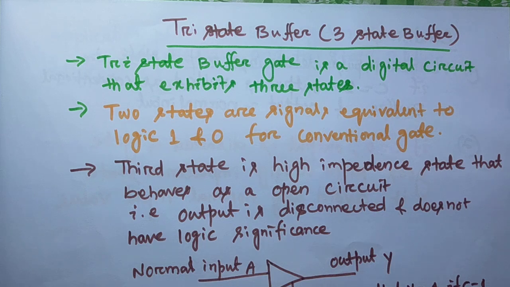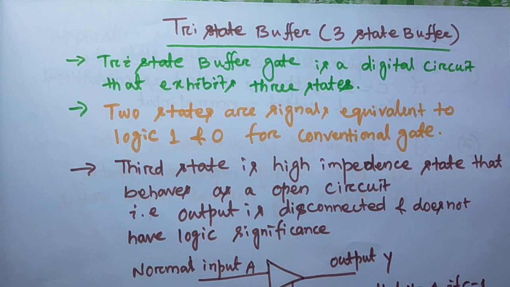We conveniently define different logic gates as per our requirements. But here today I will discuss the tri-state buffer, where two states are signals equivalent to logic 1 and 0 for a conventional gate.